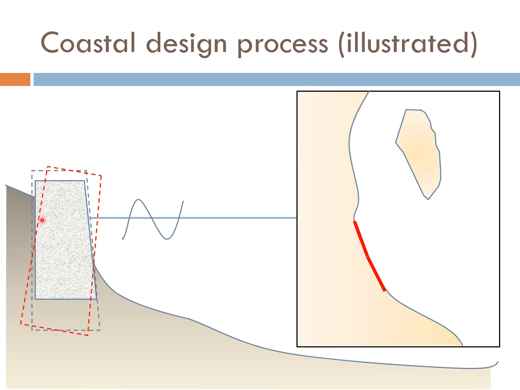And also we need to look at the overall stability of the proposed structure when it's under these various forcing, whether it will collapse, whether it will slide or overturn, etc.